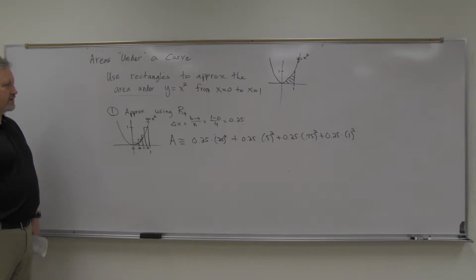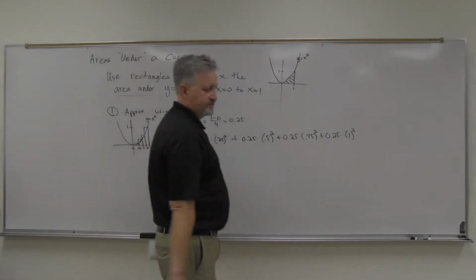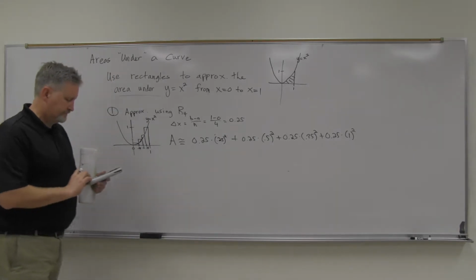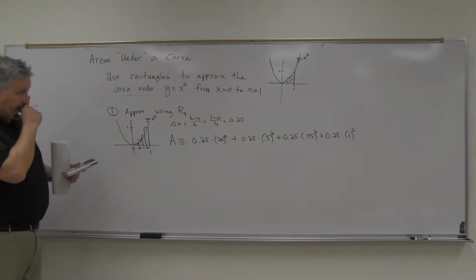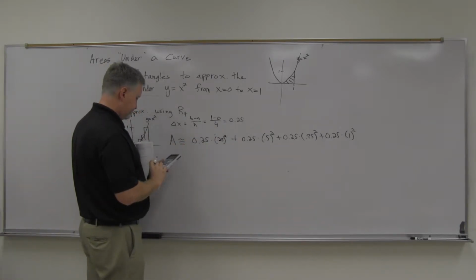So that's going to be our R4. Again, if you want to, you can factor out the 0.25 and just add up those values. But all right, so let's see, 0.25. Just multiply these out, however you want to do it.